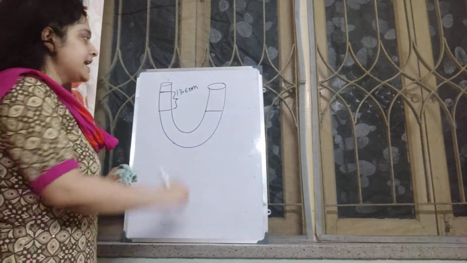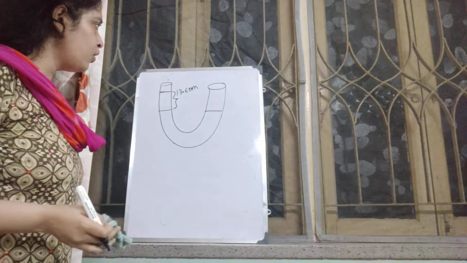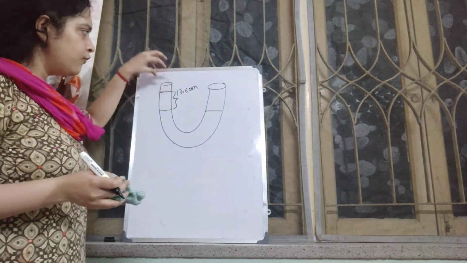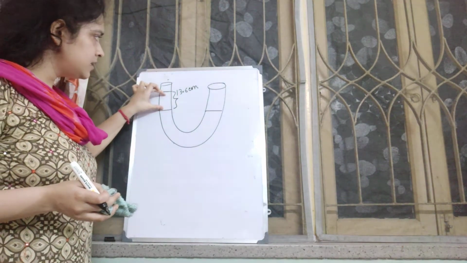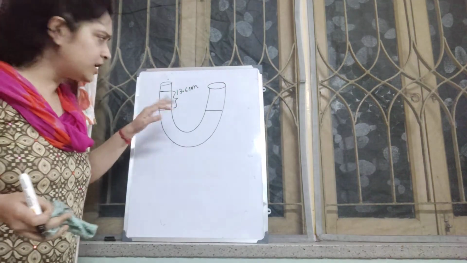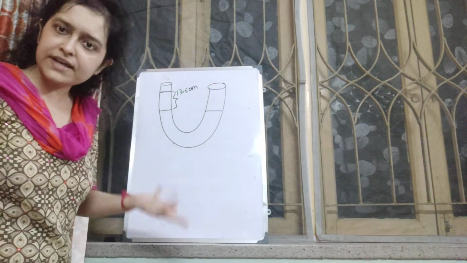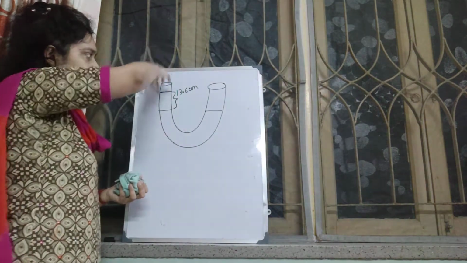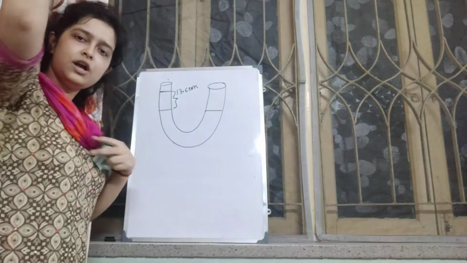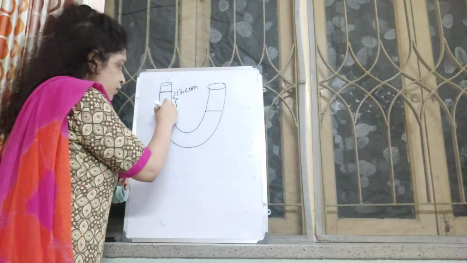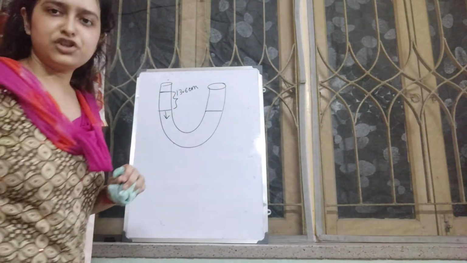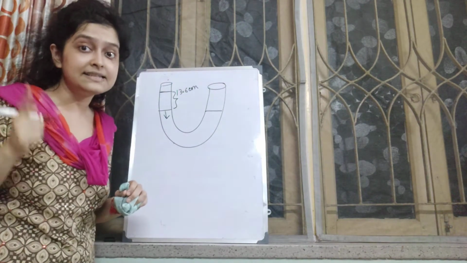Now, if I pour water, won't this liquid column exert some pressure on the mercury? Obviously, there is some extra water I am pouring. It will exert some pressure on mercury due to its weight. So it is applying some pressure on mercury, and what is Pascal's law?